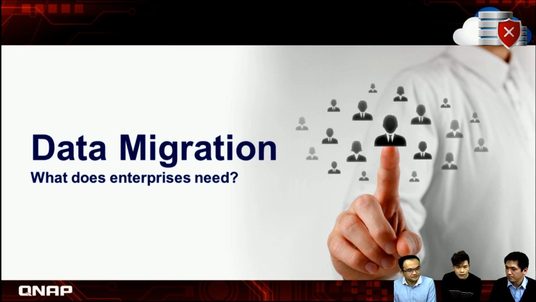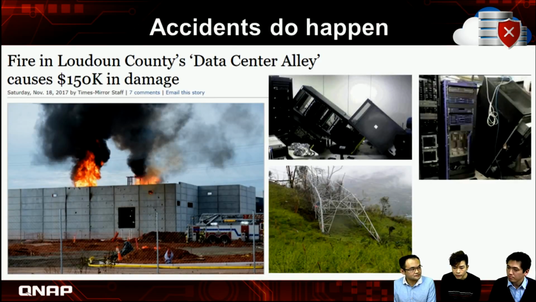Like data migration, why is it so important? Actually, in the previous slides, we were just talking about snapshots. It's a kind of local protection. So we try to protect data locally in a safe way. And you can imagine, what if an accident happens? For example, there's fire in the real world, and there's storm, there are earthquakes.